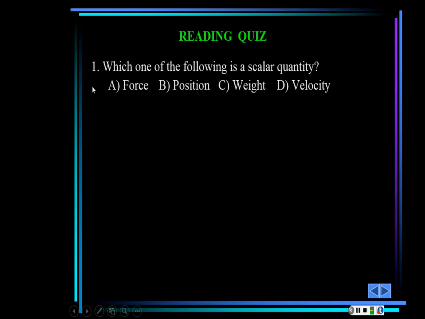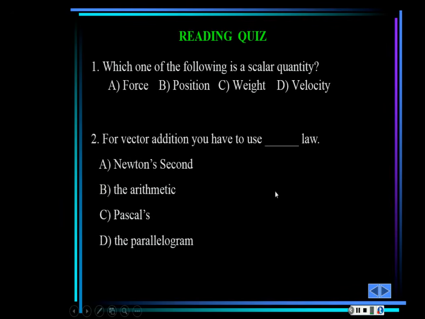Let's be honest, if I have to select between the four of us and they tell me there is a right answer and I have to mark one, I will mark B also. But remember, B is not a scalar.